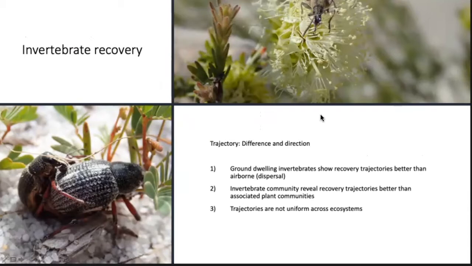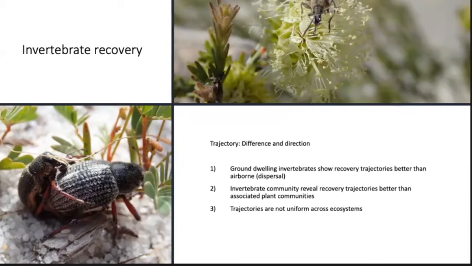Overall, we thought that the ground-dwelling invertebrates would show those recovery trajectories better than the airborne invertebrates, just because the airborne invertebrates have higher dispersal, so they would recolonize quicker, whereas the ground-dwelling invertebrates would show the local conditions better and not be coming from outside a restoration site from the nearby reference sites.